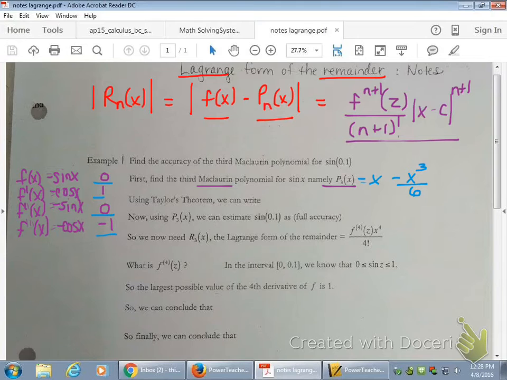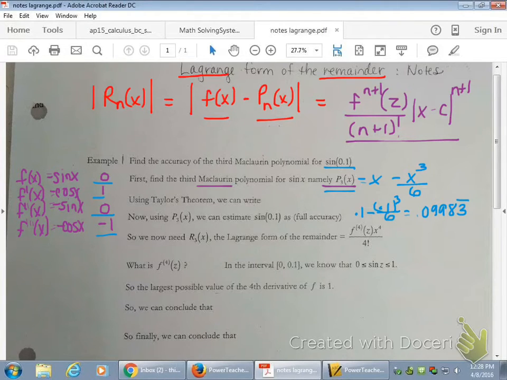Now, using Taylor's theorem, that's saying what you can do is you can estimate what we think sine of 0.1 is by plugging a 0.1 into this equation. So we're going to plug 0.1 into that equation, and we're going to get 0.1 minus 0.1 to the third over 6, which is 0.09983 repeating.